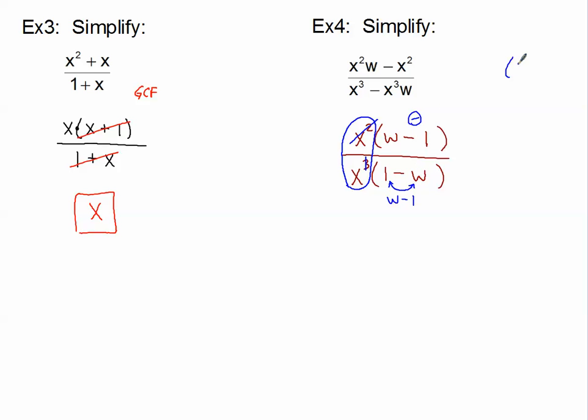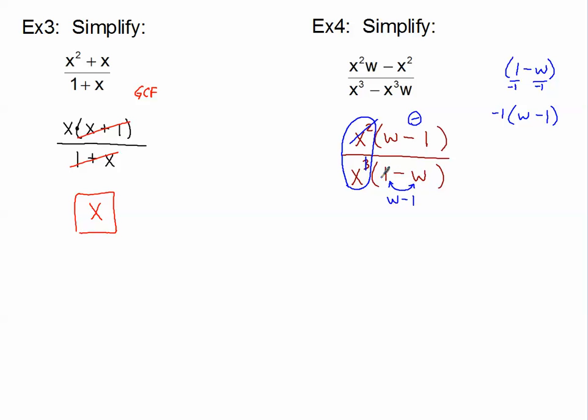If I take this 1 minus w and factor out a negative 1 from both of those parts, then this becomes a negative 1, which I'm going to put over here, and this becomes a positive w, which I'm going to put right there. So I can make 1 minus w turn into w minus 1 as long as I understand that there's a negative that's going to be involved.